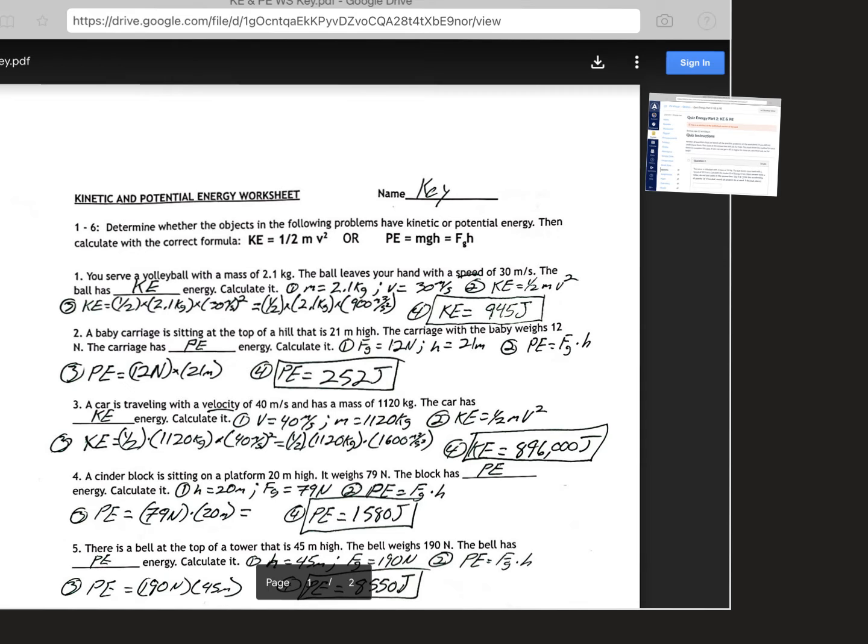Please excuse my dear Aunt Sally, that means you have to do an exponent before you can multiply. So this 30, I have to square before I can multiply any of these. 30 squared is 900. And so now I rewrote my formula with the velocity squared, because I can now just multiply across. 1/2 times 2.1 times 900 gives me 945 joules.